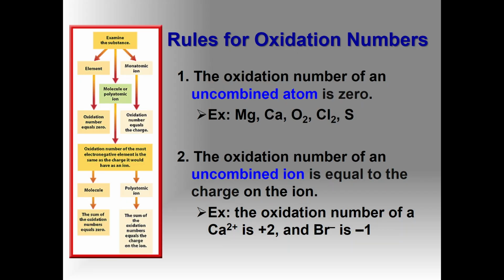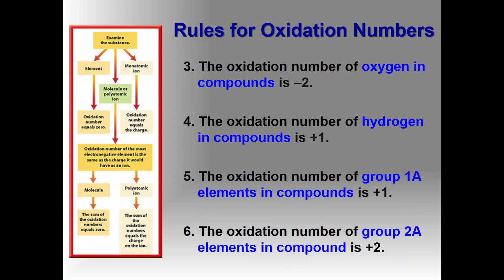The oxidation number of an uncombined ion is equal to the charge of the ion. So Ca2 plus, oxidation number is +2. Basically, the oxidation number and the charge are the same thing. The oxidation number of oxygen in compounds is -2.